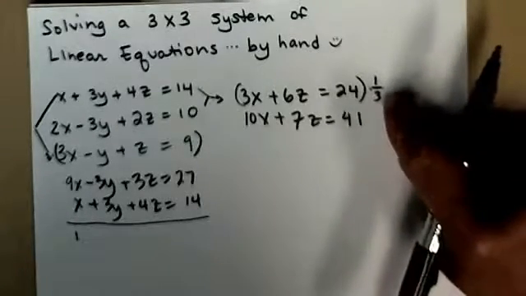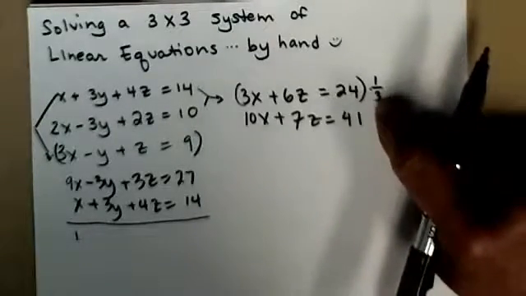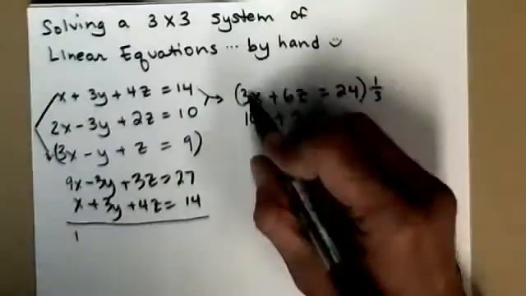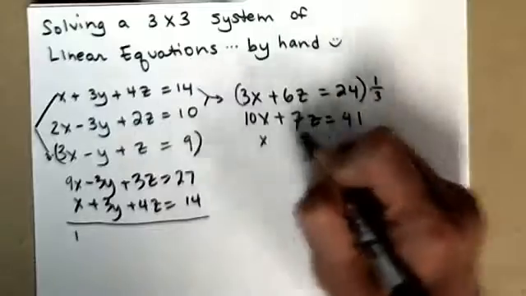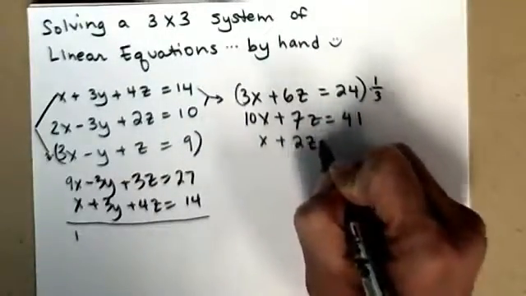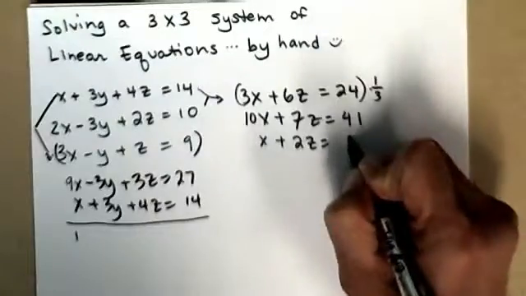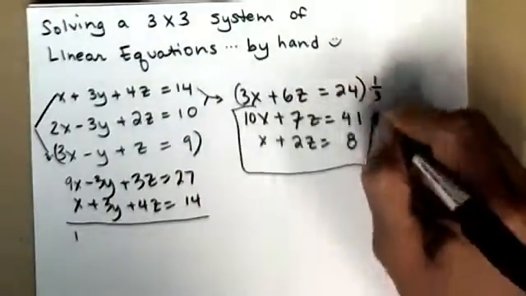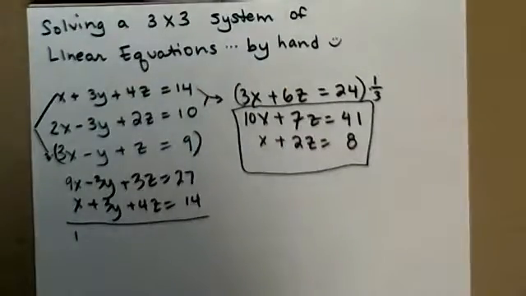But look what happens when I multiply it by 1/3, the same thing as dividing it by 3. I'm going to write it down here. So 1/3 times 3x, 1/3 times 6z, 1/3 times 24.